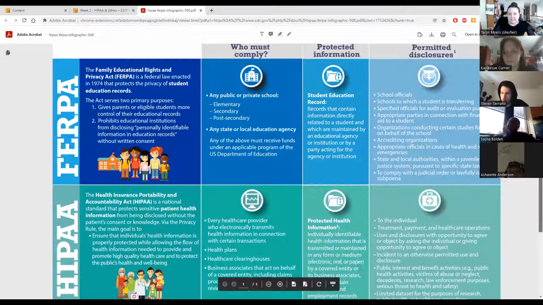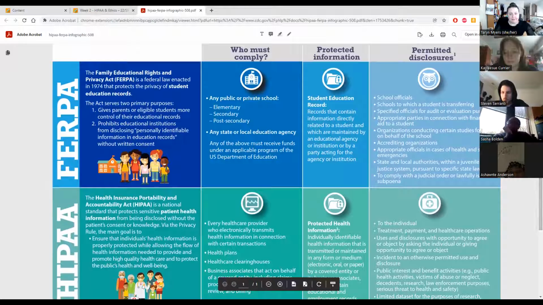So it basically says your healthcare provider and all these other covered entities have to protect your health information. They can't just go sort of spreading it on the street. And also, one of the things that's not in this chart, because it's a little more complex, is not everyone is just allowed to access your record, right? They have to be someone who's treating you.